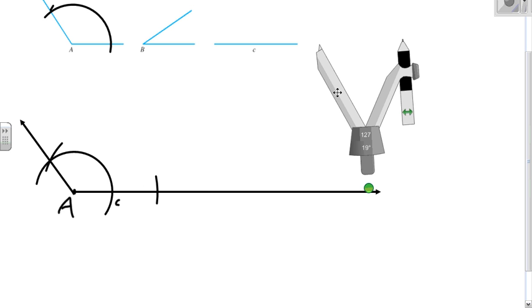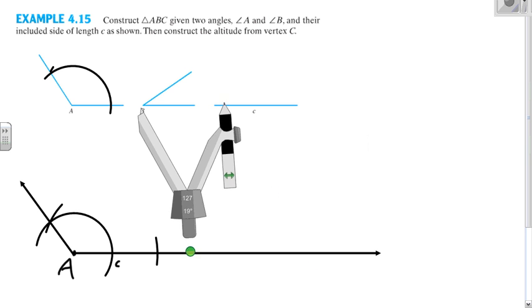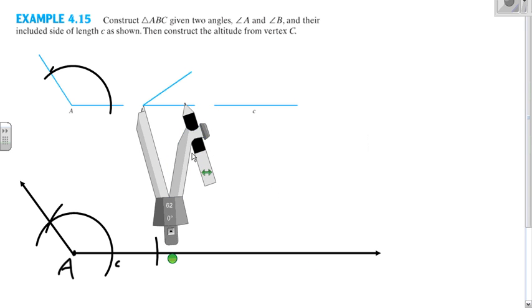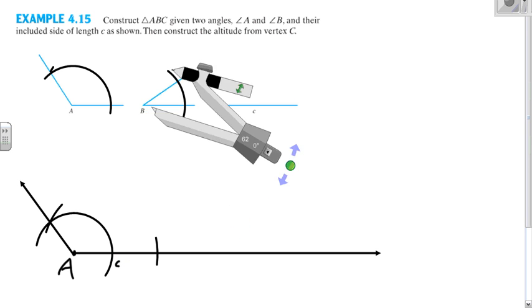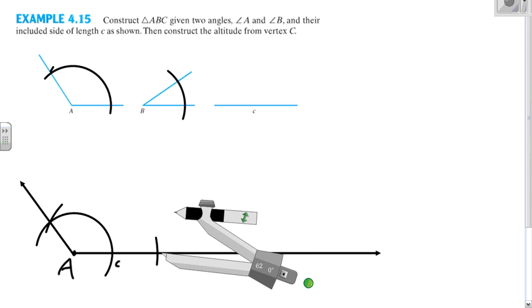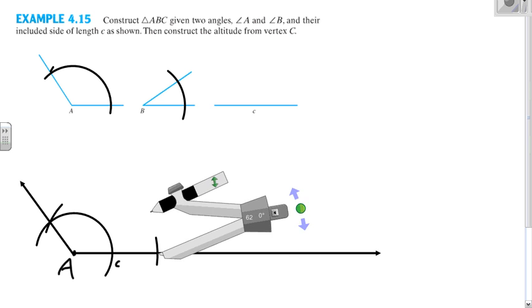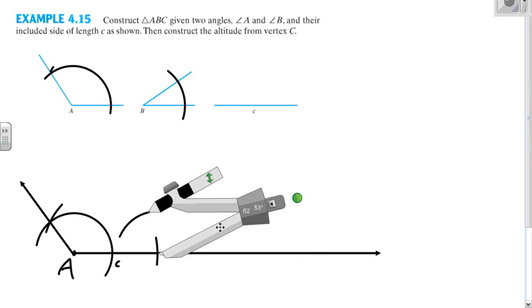And now we need to copy angle B. So we'll follow the same pattern that we did for angle A. Put the tip on the vertex, measure out an arbitrary distance, make an arc. Now this is our vertex. Make the arc.